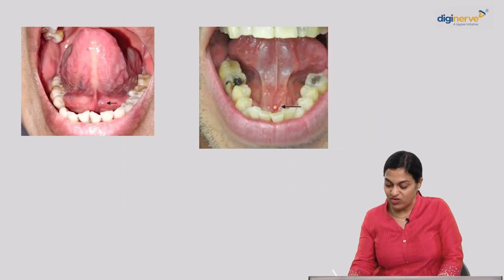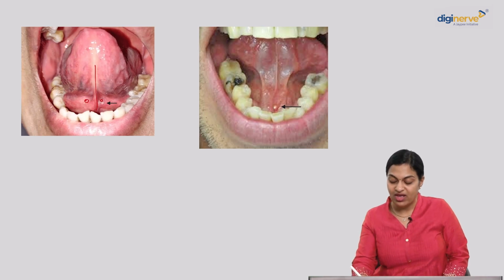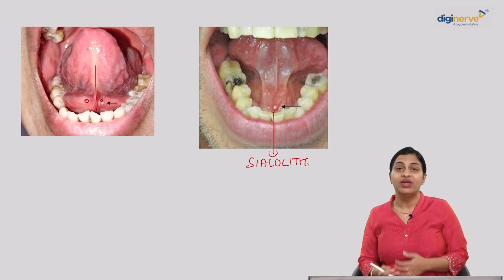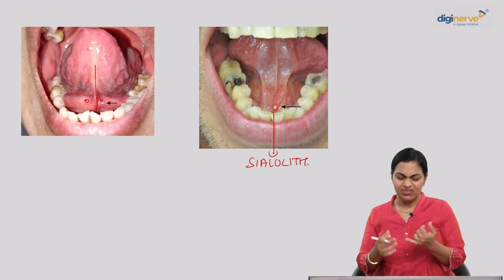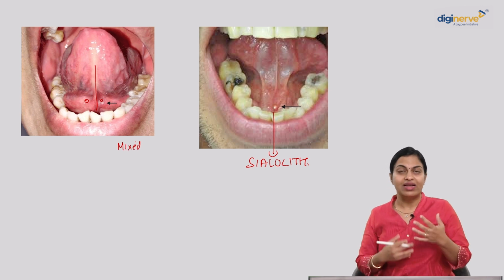Here again you can see the stone formation. This is actually the opening of the submandibular duct in the floor of the mouth on either side of the frenulum linguae. Can you see a calculus there? Sialolithiasis, as I told you, is more common in the submandibular salivary gland because it is a mixed salivary gland. Parotid is entirely serous.